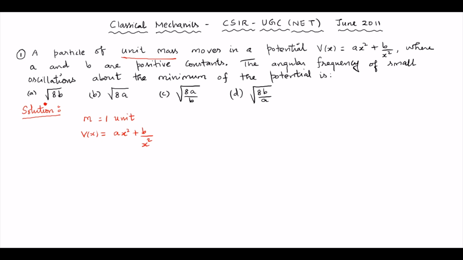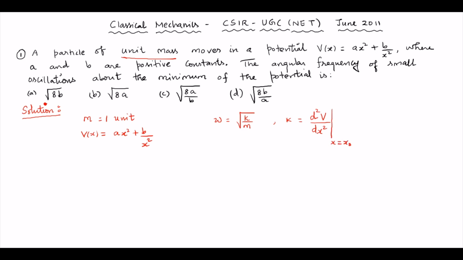Now we have to calculate the angular frequency of the oscillation. The formula for small oscillation is omega equal to square root of k by m. What is this k? Since this is a small oscillation, k can be determined by the second derivative of the potential at x equal to x naught.